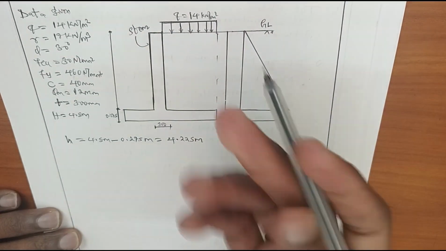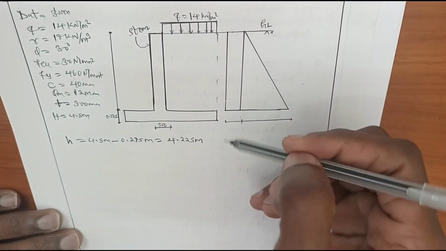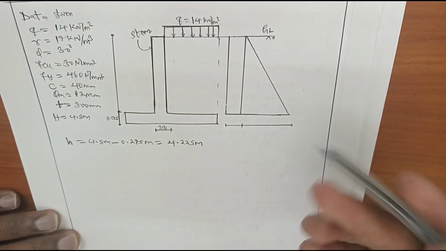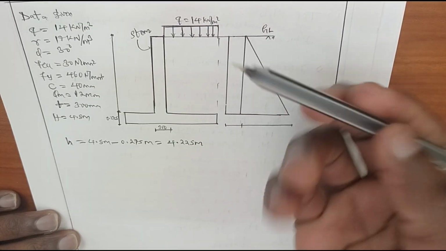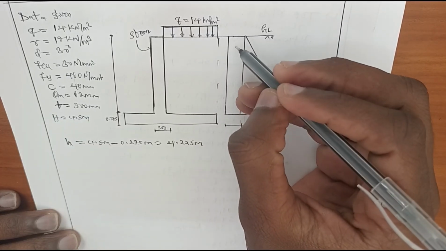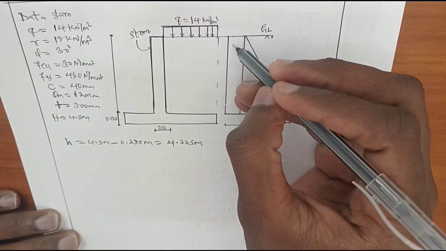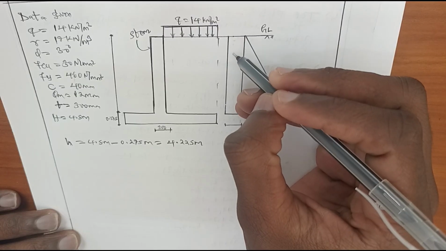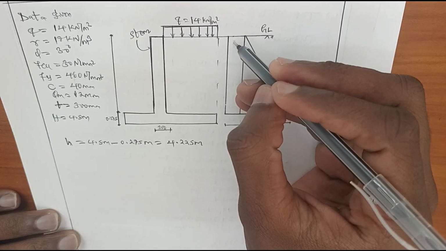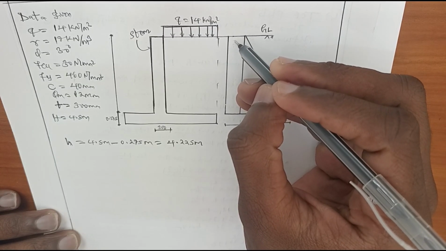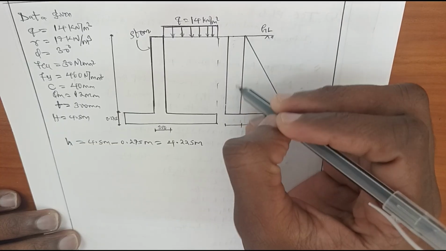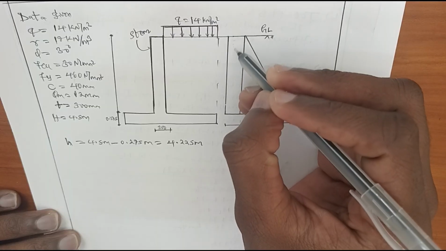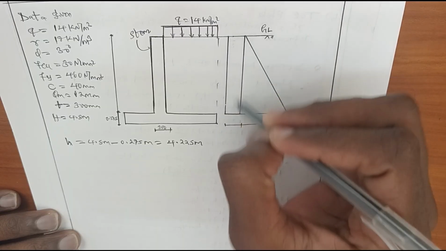Now, the next step is to draw the pressure diagram for this cantilever retaining wall, which is subjected to surcharge. Let's start with the pressure diagram due to surcharge. Surcharge usually provides a uniform lateral pressure throughout the total height.